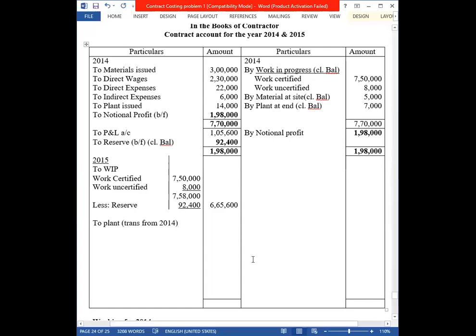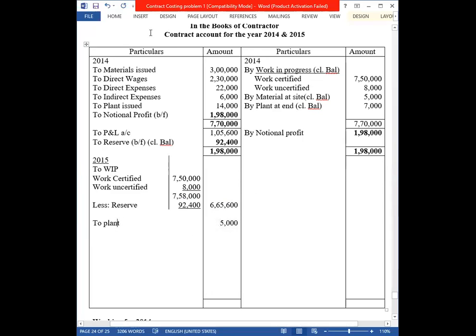It is not necessary to show this in the exam, it's for your reference I am writing. Okay, so this material I am going to show the balance of the last year's, that is 5,000. Okay, so 5,000 is there.